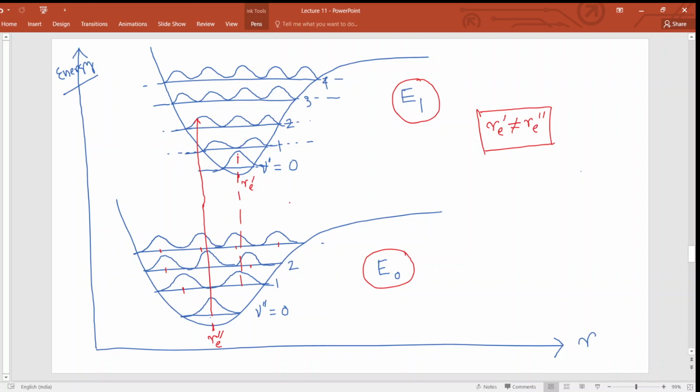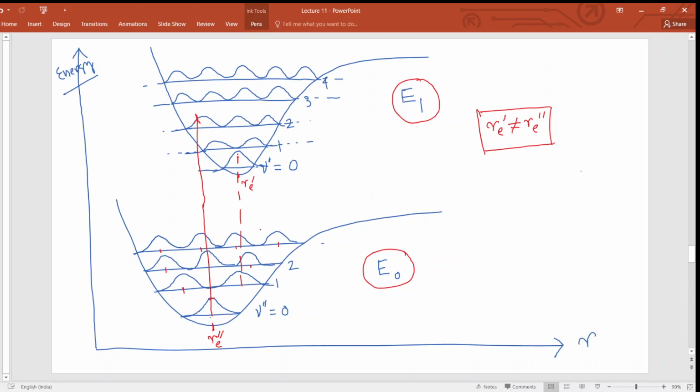However, let us look at the positions of the maximum and minimum of this psi square. Around RE double prime here, you can see the bottom wave function has a peak, and if we go along this straight line at that particular value of RE, we reach this point.